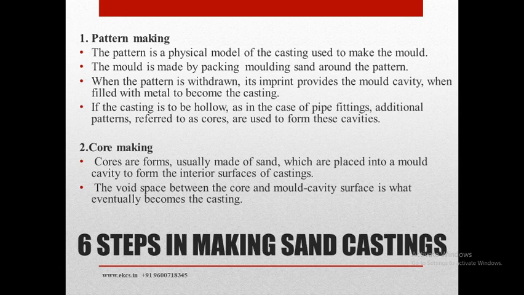Then this pattern is withdrawn and the impression will be there. If the casting is to be hollow, then we have to go for cores. Some examples of hollow casting are pipe fittings. Remember the pipe fittings.